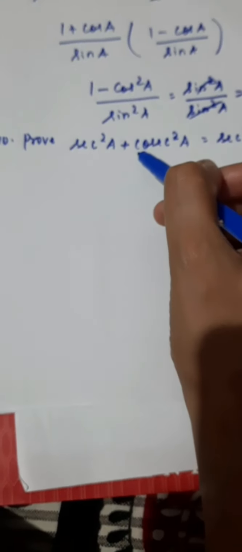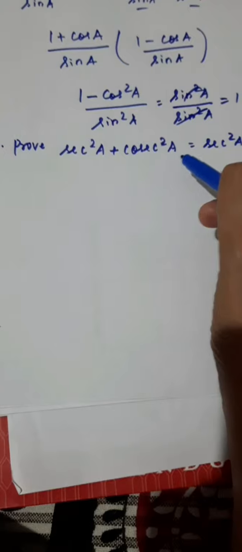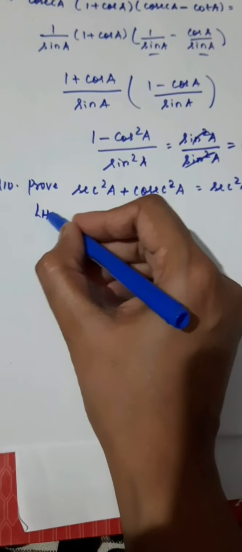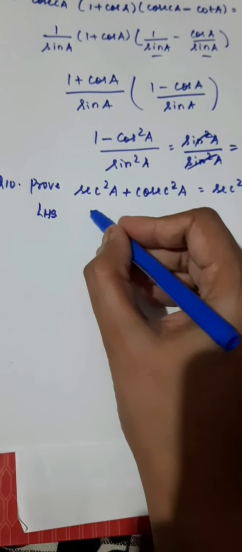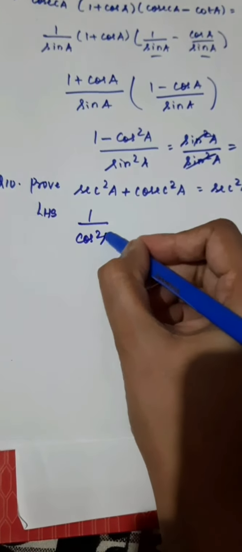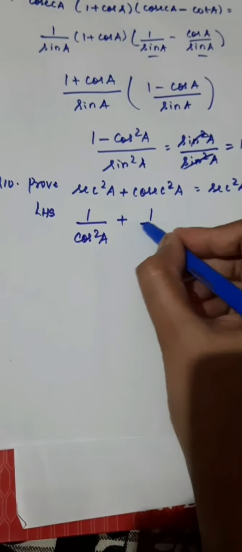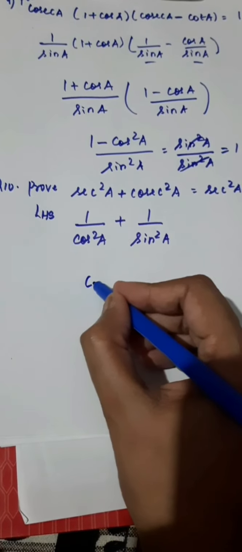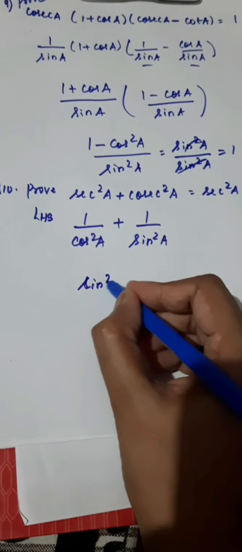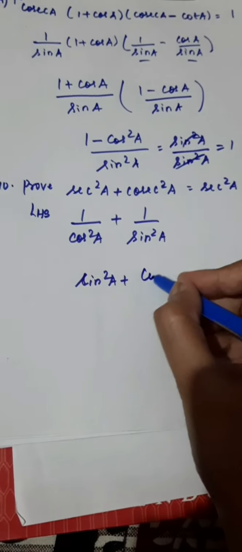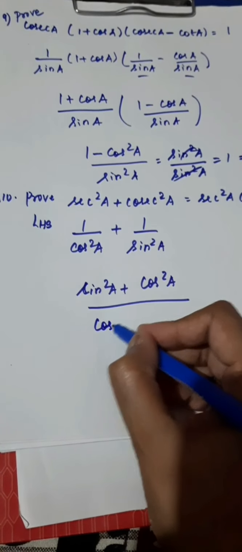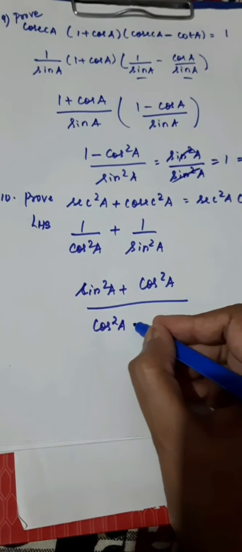Next, question 10, prove secant square A plus cosecant square A equal to secant square A into cosecant square A. So by taking the LHS, we know secant square can be written as 1 by cos square A, plus cosecant square can be written as 1 by sin square A. By taking LCM, it becomes sin square A plus cos square A divided by cos square A sin square A. Order doesn't matter in multiplication.